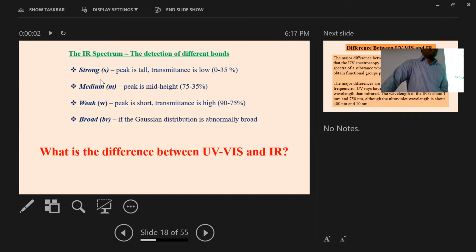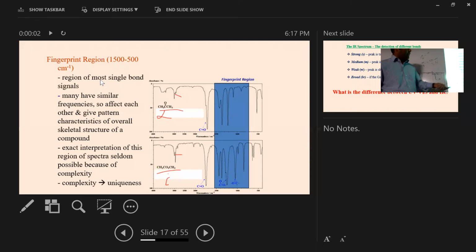I think in UV, the difference is the max absorption wavelength, and here it is only that particular wavelength. We can say that we also observe the max for IR, because if we enlarge this signal, if we expand this region, then you can have the max somewhere.